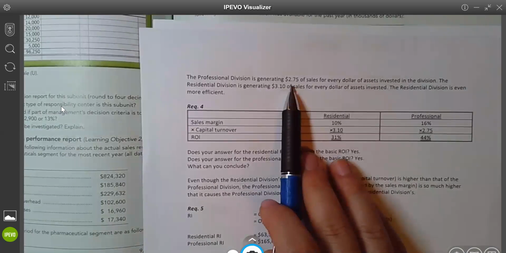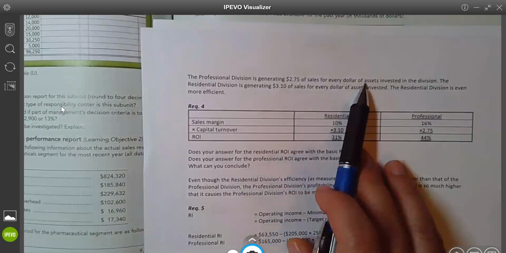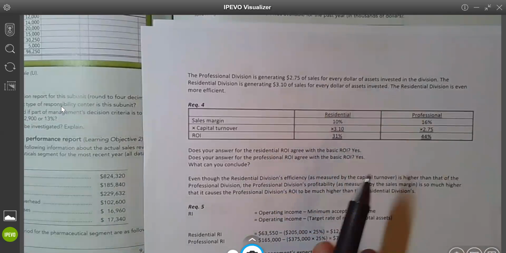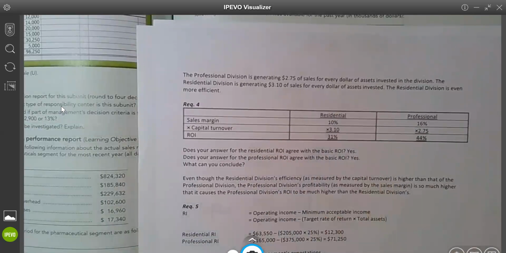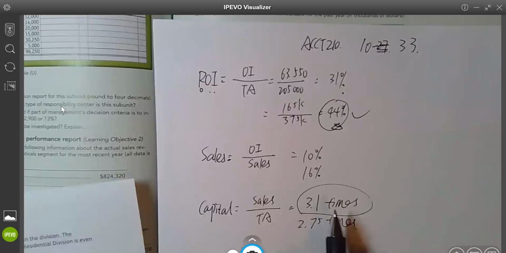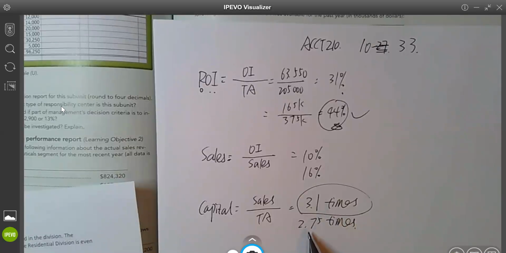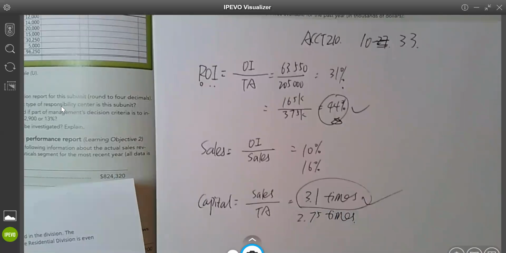It's generating $2.75 of sales for every dollar of total assets invested in that segment. So every time you invest $1 more, your sales will increase by $3.10 for the residential and by $2.75 in the professional. So we say a larger number is better.